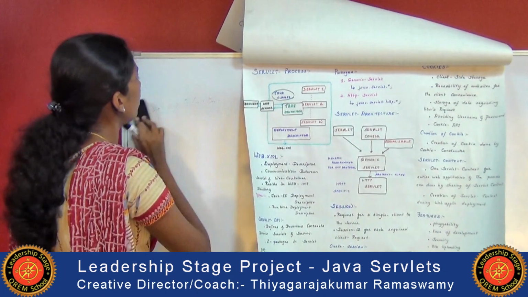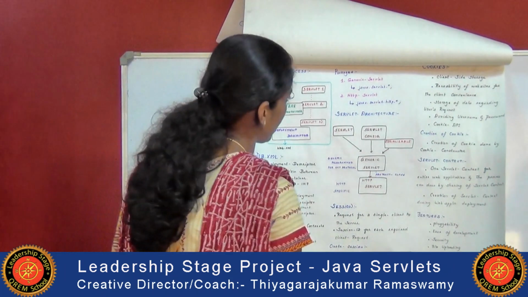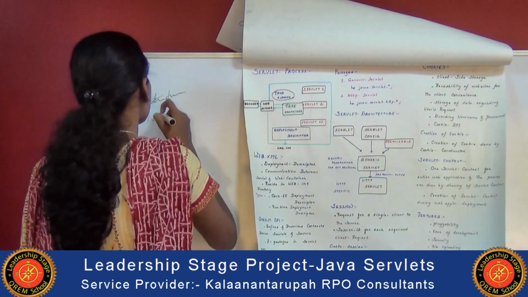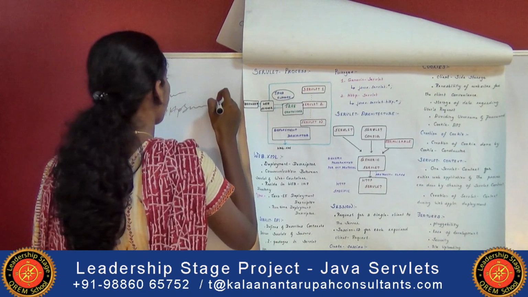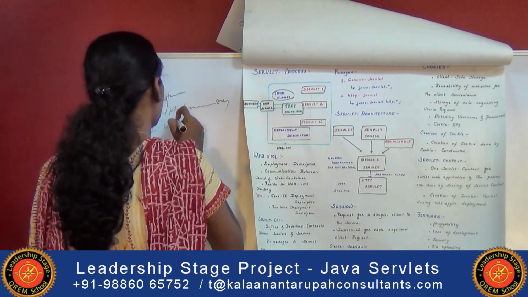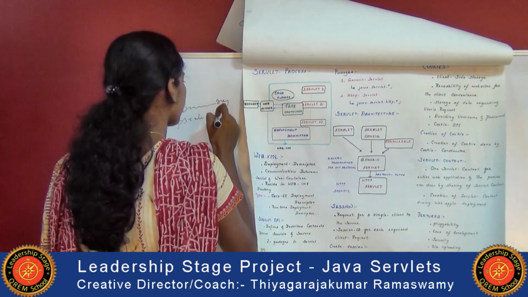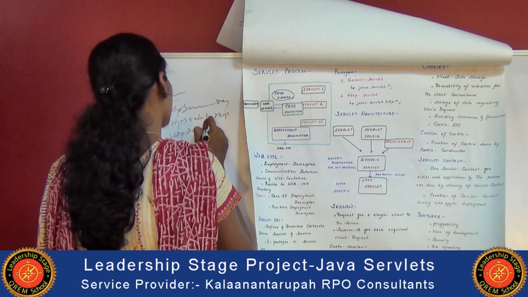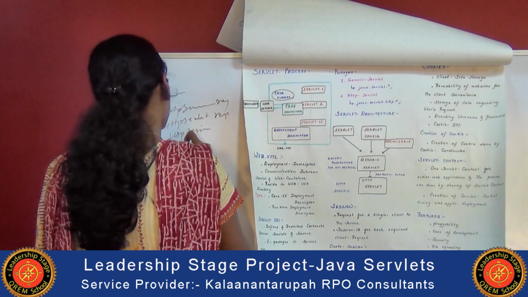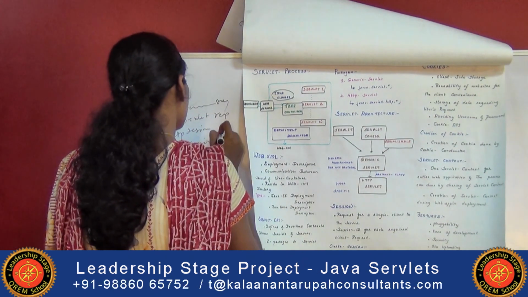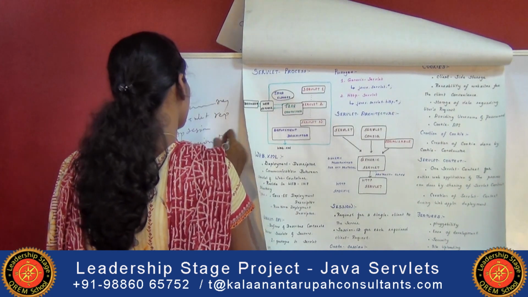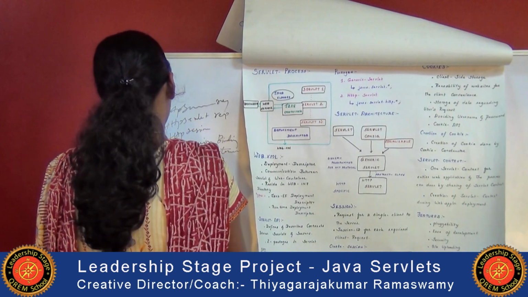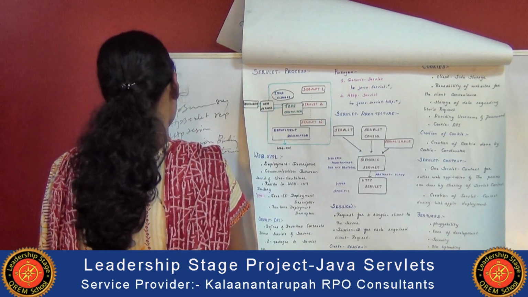Next, we are going to see about HTTP servlet interfaces and classes. In HTTP servlet, we have the interfaces HTTP servlet request, HTTP servlet response, HTTP session, HTTP session binding listener, and HTTP session context.